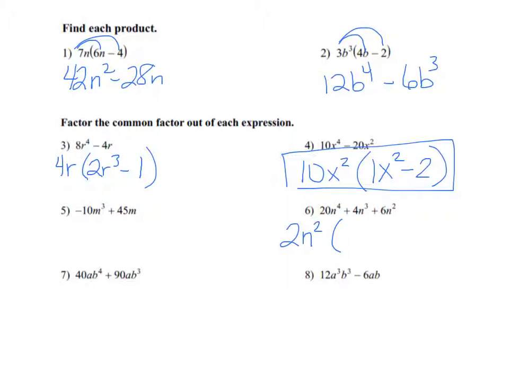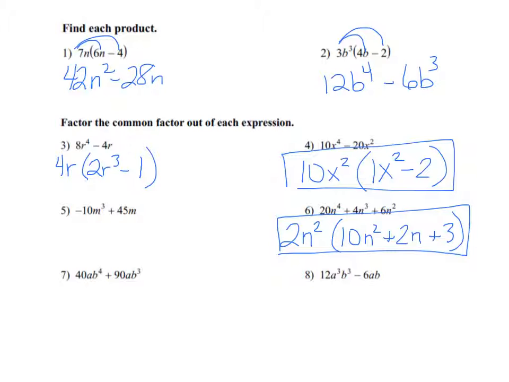So then what I'll have left is a 10. There were 4 n's, now there's only 2 left. Plus 4 divided by 2 gets me a 2. It was an n cubed, but since I pulled 2 of them out, there's still just 1 sitting there. Plus 6 divided by 2 is a 3, but all of the n's got factored out.